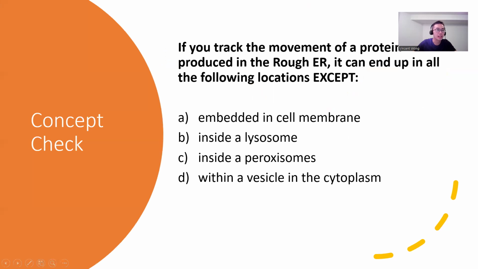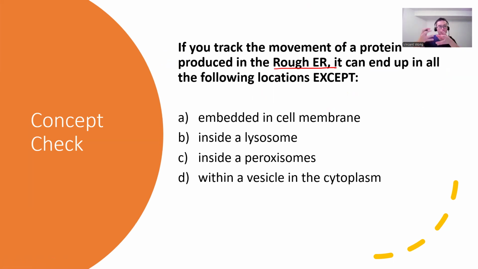So here, it's just a question that's related to the note we took last time. If you track the movement of a protein produced in the rough ER, it can end up in all of the following locations except, okay, so let's just recap quickly. If it's made in the rough ER, you're going to package it in a vesicle, right? And that vesicle is going to move to the Golgi, where the contents get sorted, they get modified and repackaged into a new vesicle.